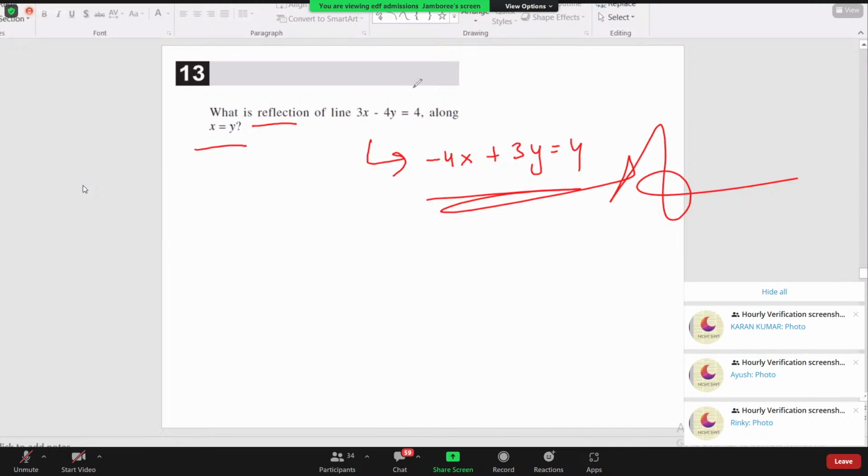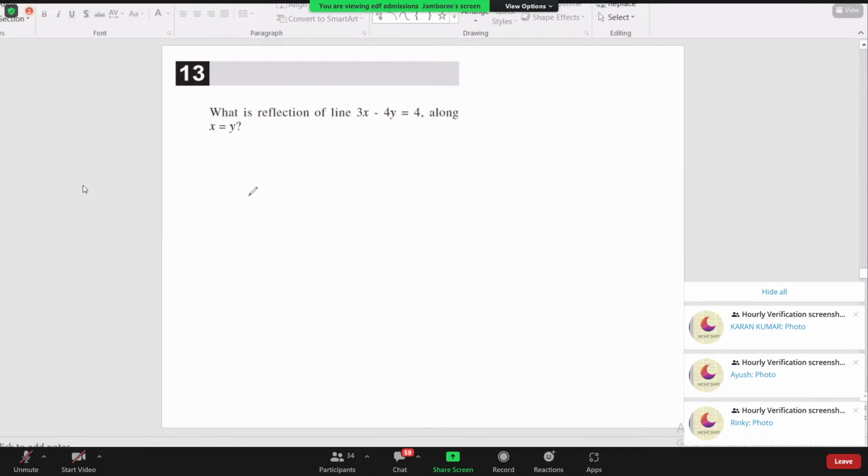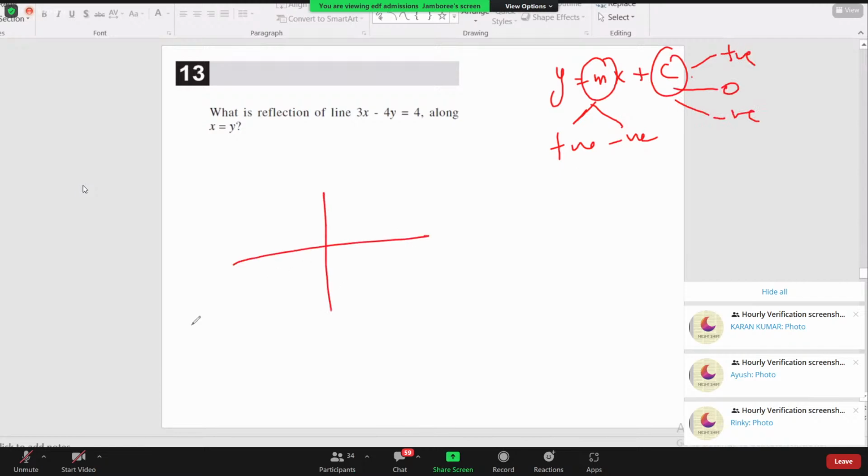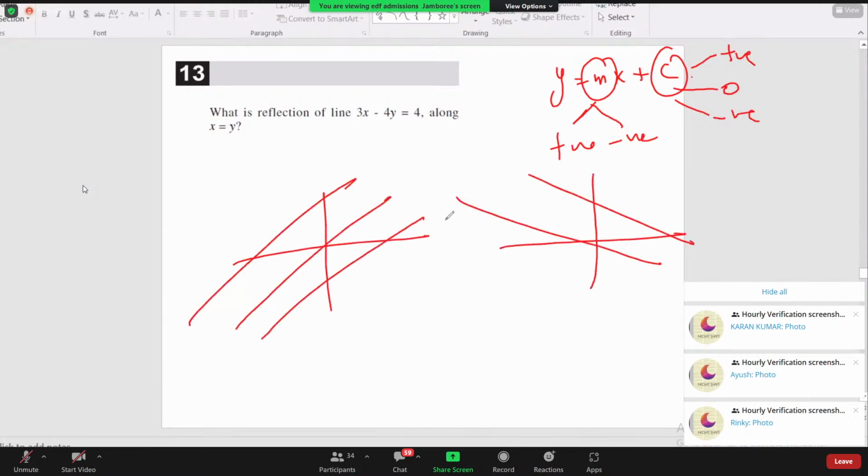Perfect then. Moving on. So as discussed, y is equals to mx plus c is the general equation of the line wherein m can be positive, can be negative, y-intercept can be positive, can be 0, can be negative, and based on that there will be 6 possibilities: 1, 2, 3, 4, 5, 6.